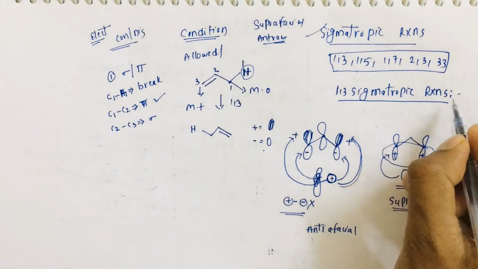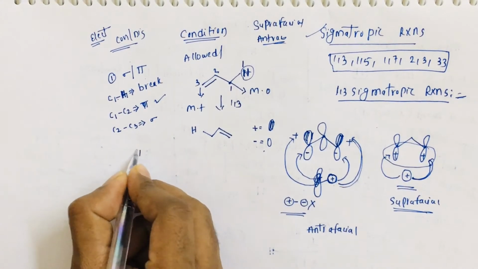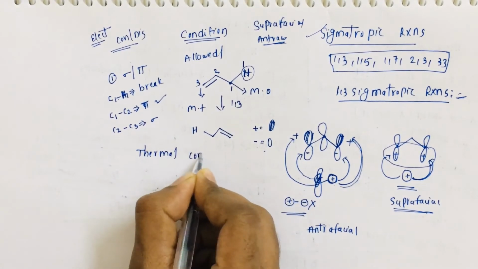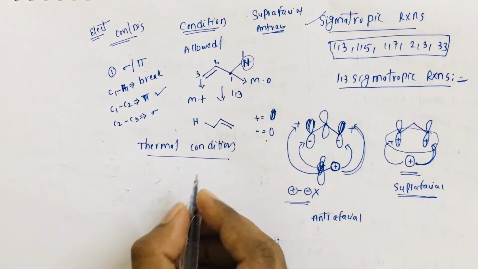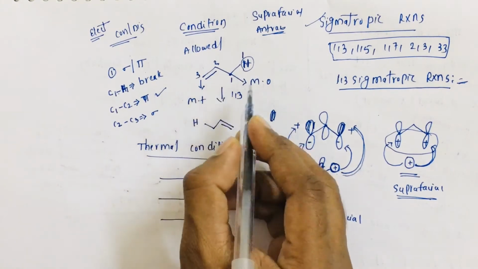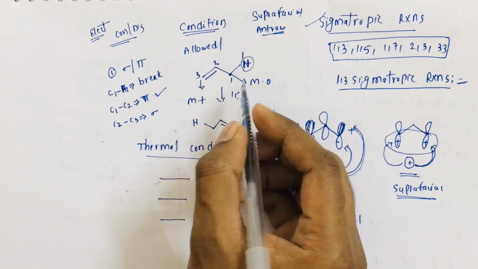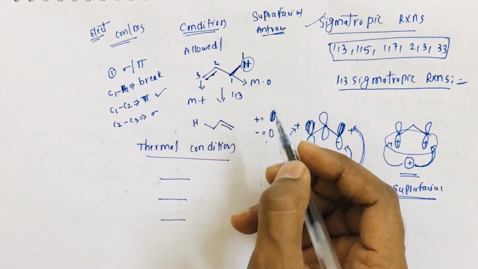Now we'll go for the 1,3 sigmatropic reactions in thermal conditions. In an allylic system, how many electrons can we take here? This is 1, 2, and the sigma bond is also involved, so this is 3 and 4.